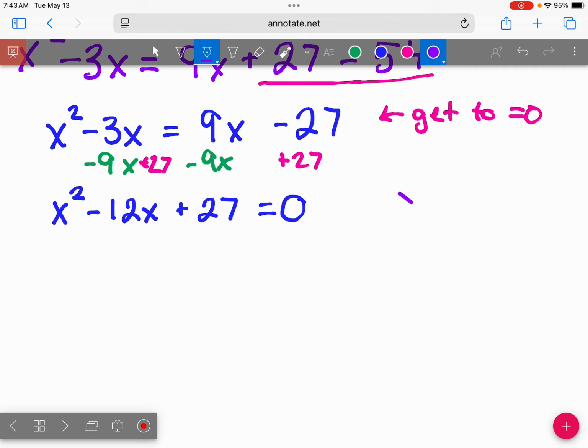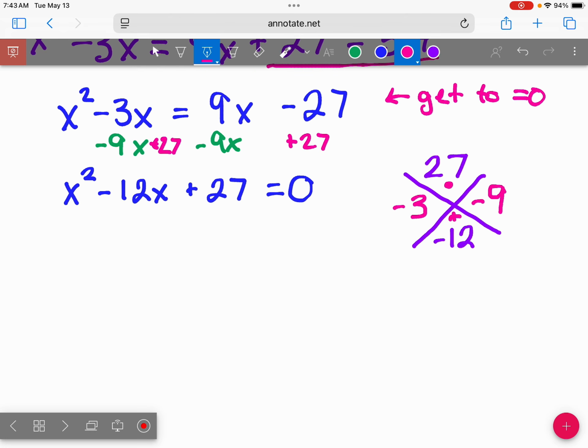Since we have an x squared, we need it to equal 0. And then let's see if we can factor this thing. We're going to use our x frame. My a is 1, my c is 27, so we're looking at 27 on the top and a negative 12 on the bottom. We want a pair of numbers that multiplies to make 27 and adds to make negative 12. Since the top number is positive, they're both the same sign. Since the bottom number is negative, they're both negative. So the pair is 9 and 3.